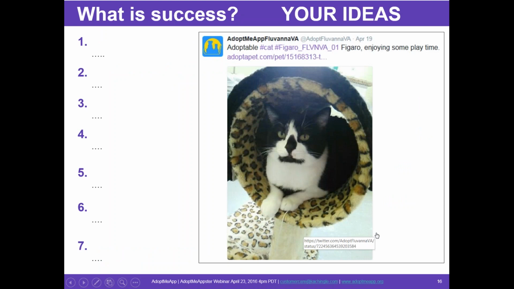So we talked about where our goals are, so then what is success? I want to hear your idea. How do we know that we're successful? It's pretty hard, right? Unless they're adopted, at this point I hope that I'm achieving something by posting their stories and their personalities and how cute they are.